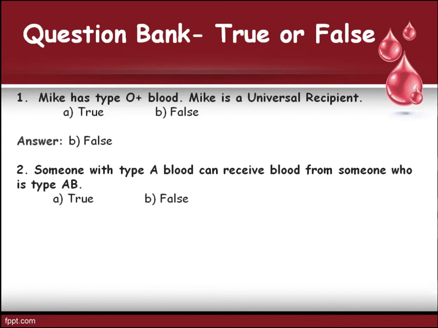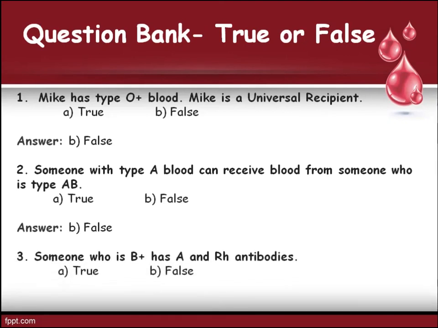Next is, someone with type A blood can receive blood from someone who is type AB. Option A is true and option B is false, and the answer is false. Type A blood can receive only type A or O, not from AB.